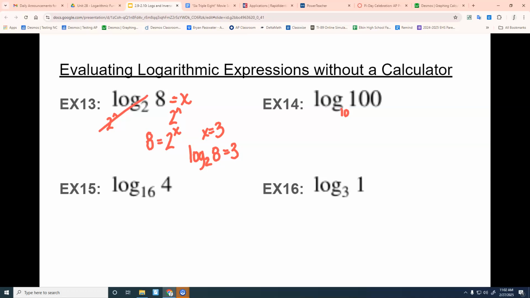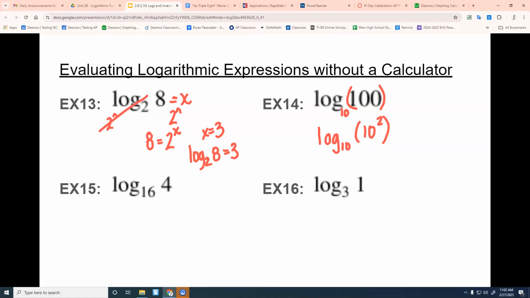So rather than rewriting this one as an exponential, which will also work, I want to write this as log base 10 of 10 to some power, right? 100 is 10 to what power? 2. Okay? 10 squared equals 100.